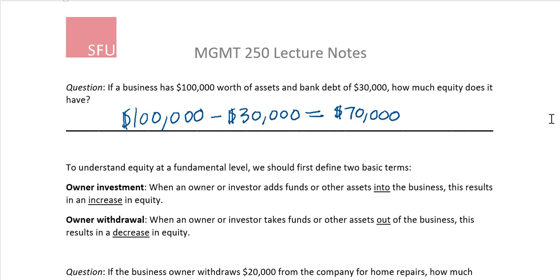When an owner or investor takes funds or other assets out of the business, this results in a decrease in equity. So, put it in simple terms, when you have your own business and you put money in, that makes your equity go up. If you take money out of your business, that makes your equity go down.